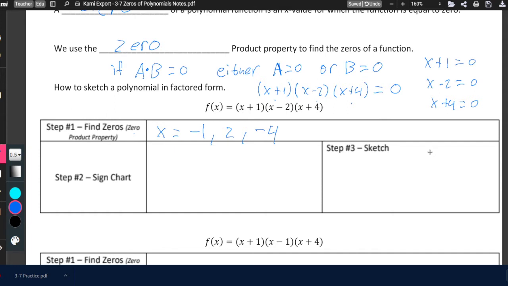So since we're just given the factored form of a polynomial, we want to know what properties we can find based on that. And we do that by making a sign chart.